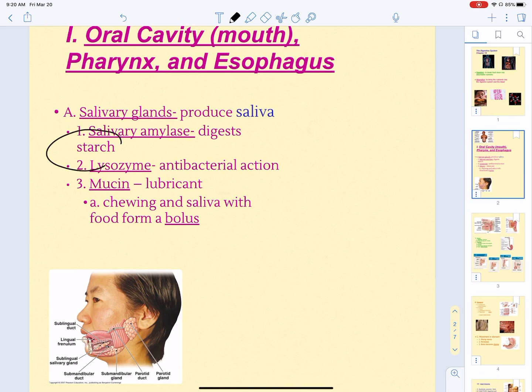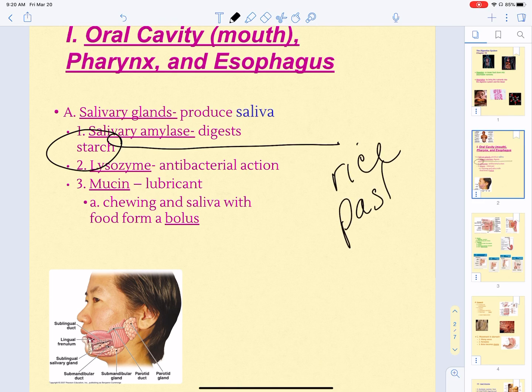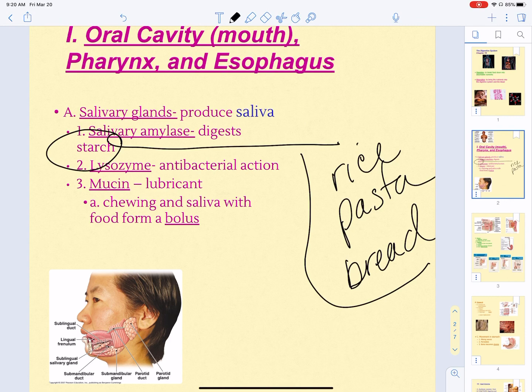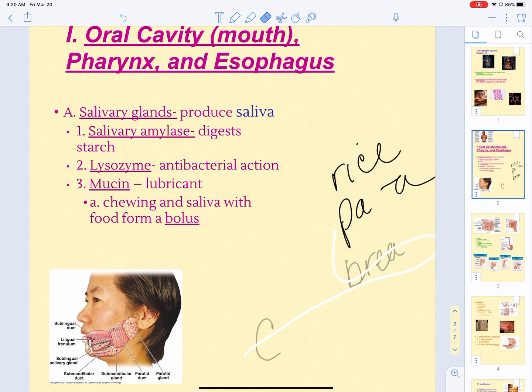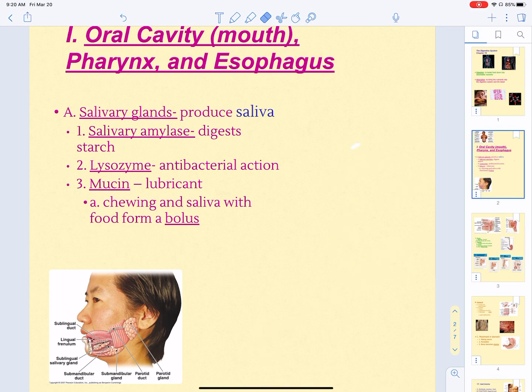When we say starch, hopefully you know that we're talking about rice, pasta, bread, and hopefully when I say rice, pasta, and bread, you're thinking carbs, carbohydrates. Remember that each part of this equation is going to take care of different things. So you start digesting your carbohydrates in your mouth.